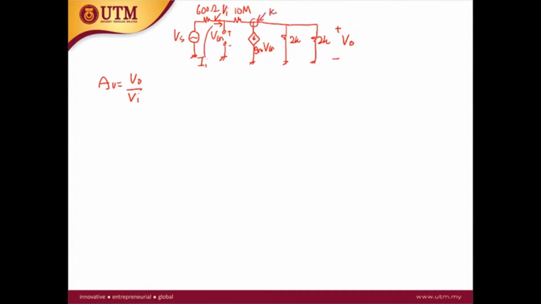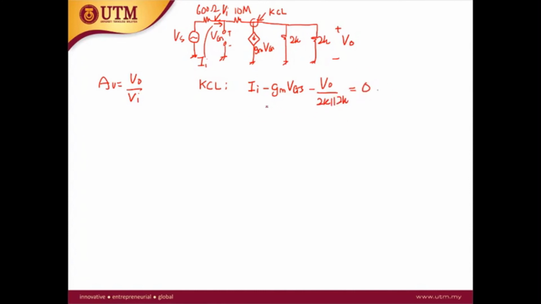From the KCL, you see here the current entering this node is II, and then we have the current exiting this node, minus GM VGS, and then we have another current, V out over 2K parallel with 2K. This is equal to 0.